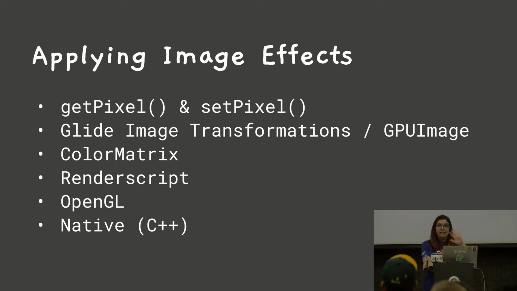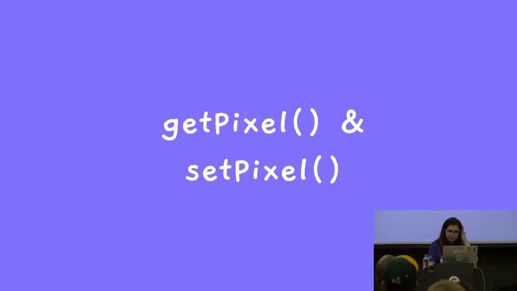So you can imagine that there's quite a lot of options. Like, how do I know which one to pick? And there's more, probably. Okay, so today we're not going to go through OpenGL or native C++ code because luckily we got to the RenderScript part and we were like, yay, most of it works with RenderScript. So we won't be going through OpenGL and native C++.